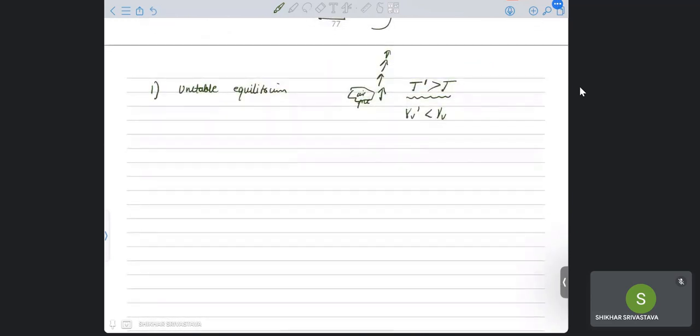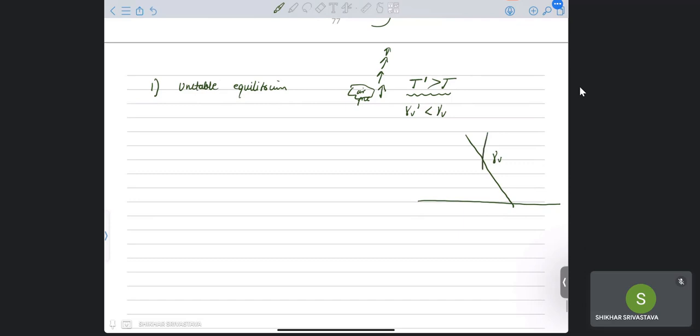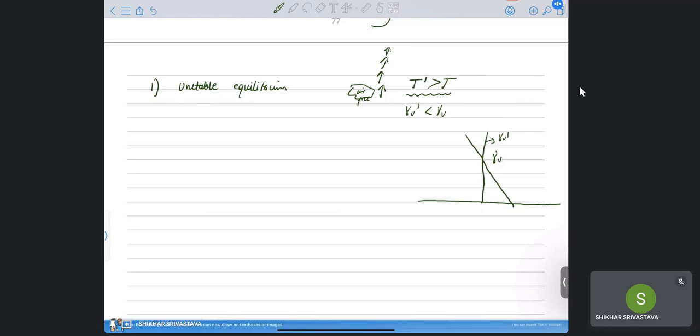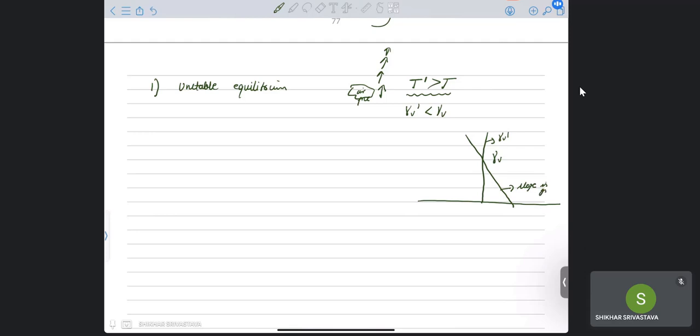Why? In simple terms, with the help of a diagram, suppose this is gamma v, the lapse rate of the environment, and this is the lapse rate of the parcel, gamma v dash. The slope of this line is greater. This is your temperature, this is your z.